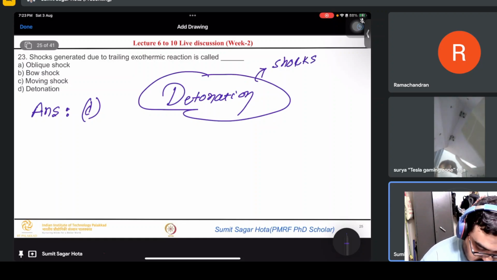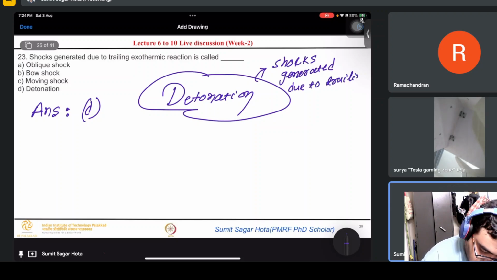The shocks generated due to trailing exothermic reaction. So when will this happen?